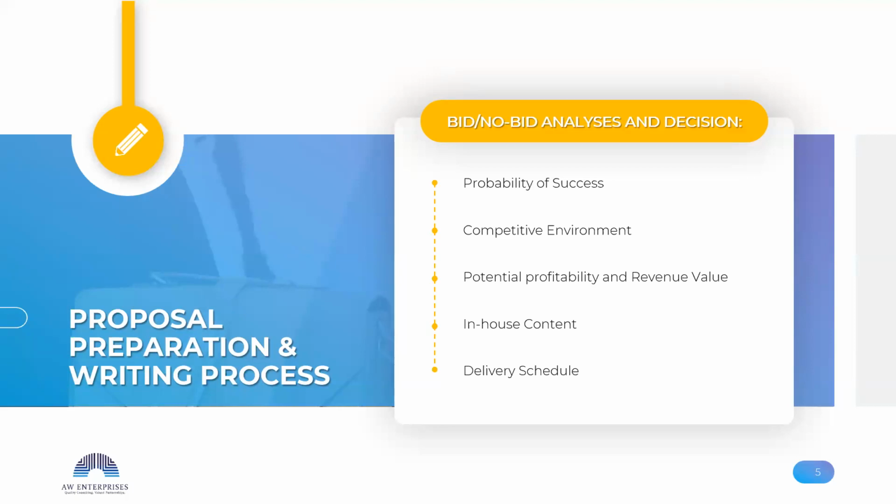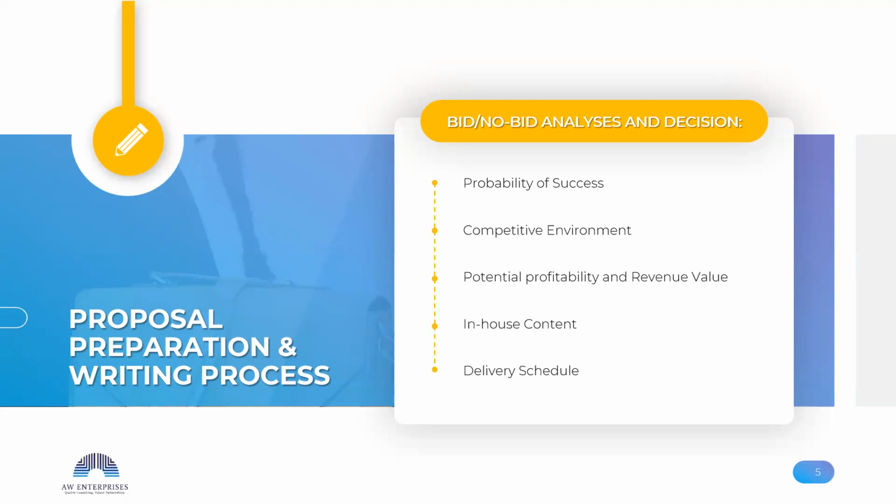Okay. And one of the main things, when you get that solicitation, is how much time do I have to prepare my bid? So the delivery schedule is all important. There are times when you get a solicitation and many times it's extended because of the questions and answers you ask the government that would help make your bid better.